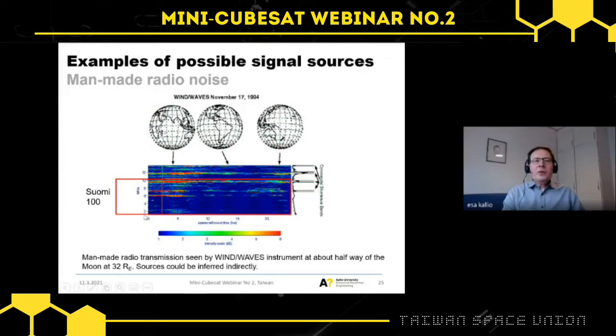Now the distance is very far. We are at 32 Earth radii. But if you have a sensitive instrument here, you can see that some of those radio waves can really go through the ionosphere, in our frequency range and in other frequency ranges. So there is always radio noise in the frequency range that we are measuring.